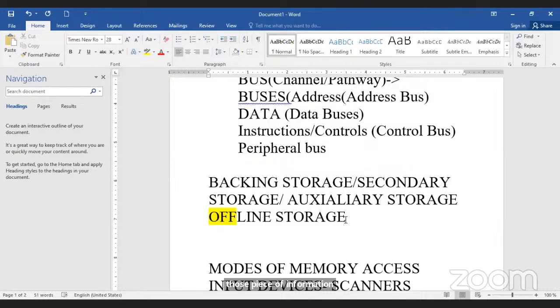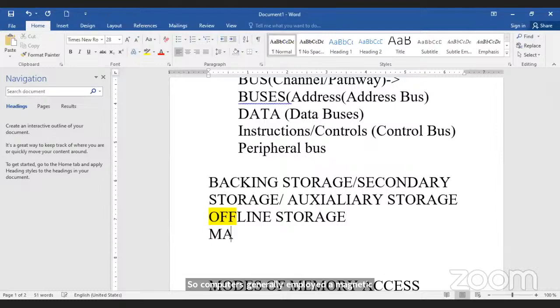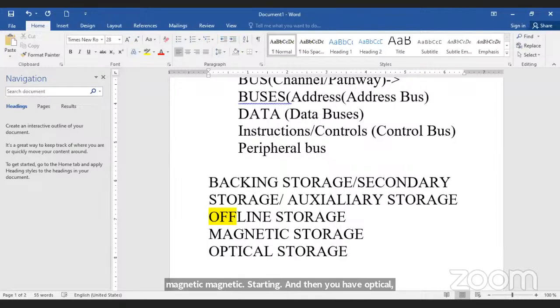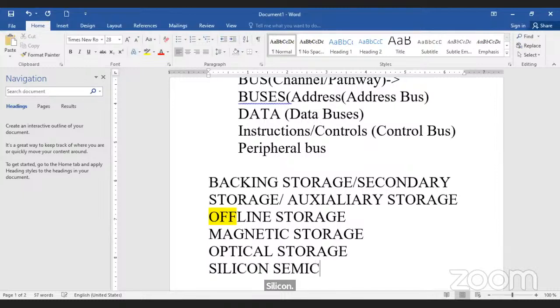Computers generally employ magnetic storage. Then we have optical storage. Then we have what's called silicon semiconductor storage, usually called a silicon semiconductor device.